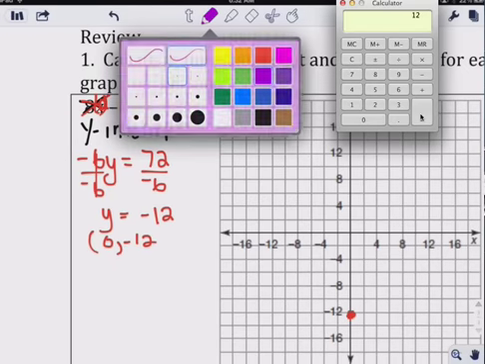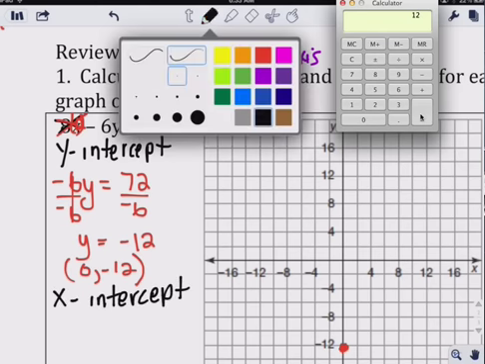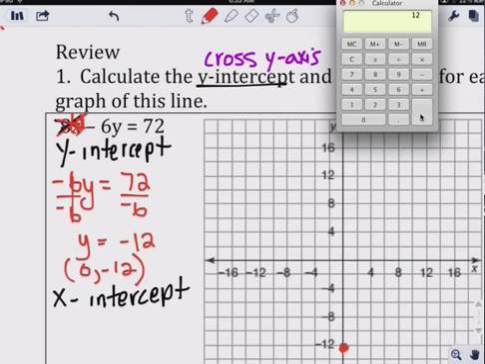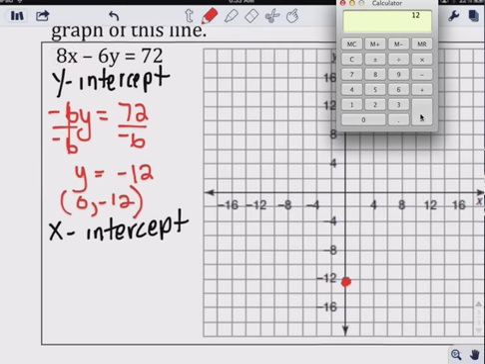X-intercept. Y-intercept is when it crosses the y-axis, okay? When we draw a line, it crosses it. All right. X-intercept is when it crosses the x-axis. Okay? So x-intercept, it is like the y is not there.